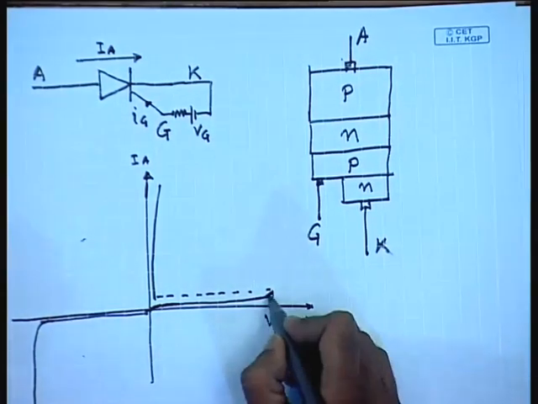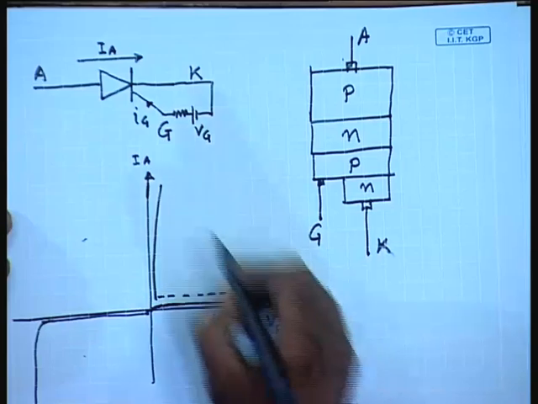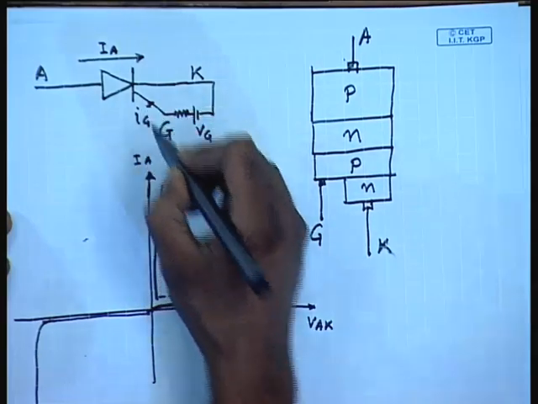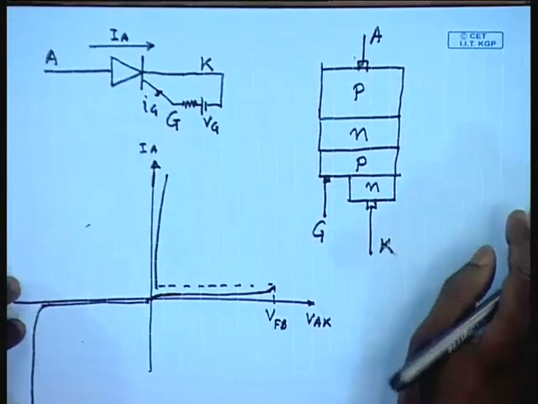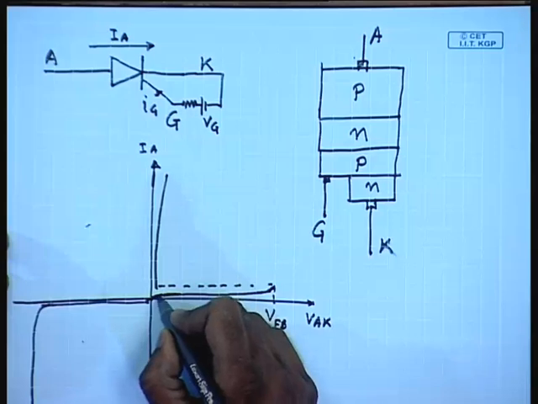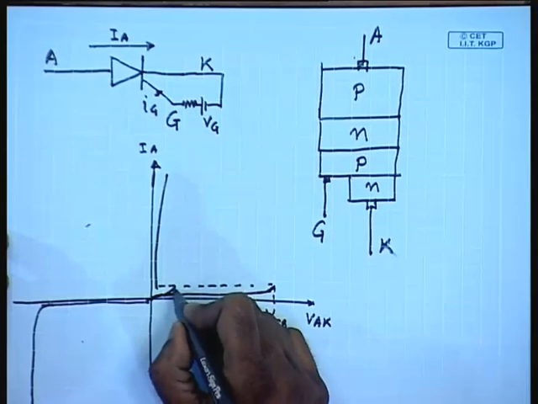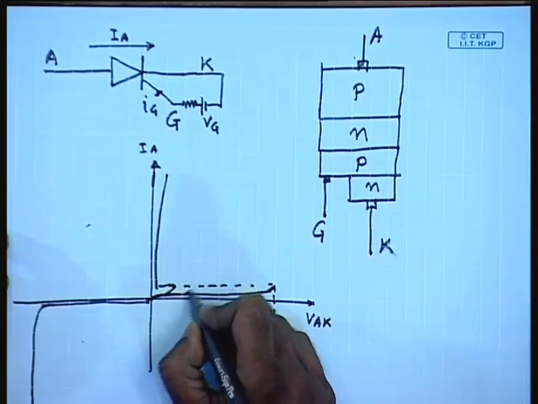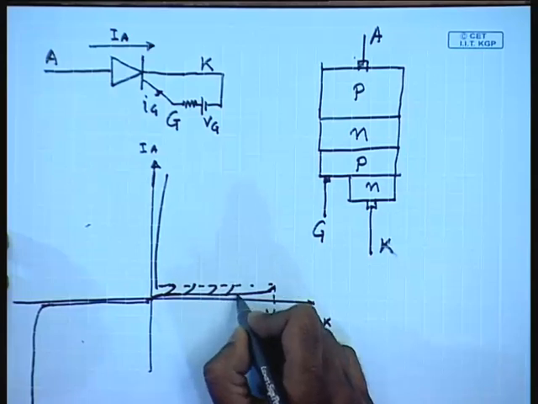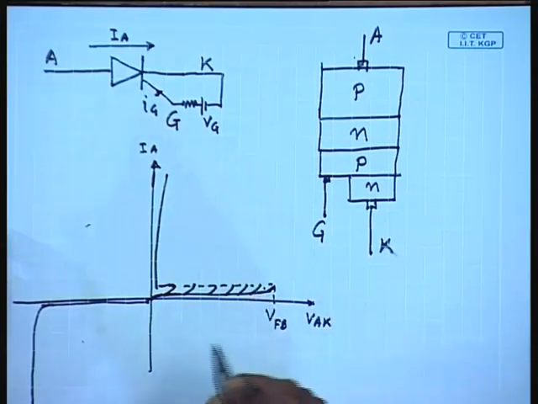However, the point at which the device turns on can be controlled by controlling the gate current. Therefore, we can apply different gate currents to turn it on at different forward voltage levels.